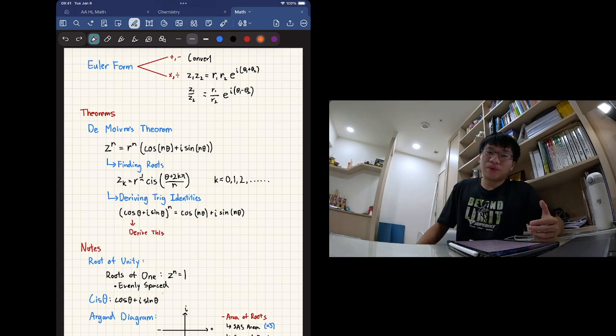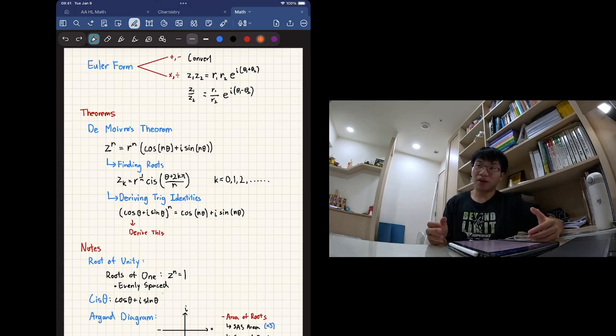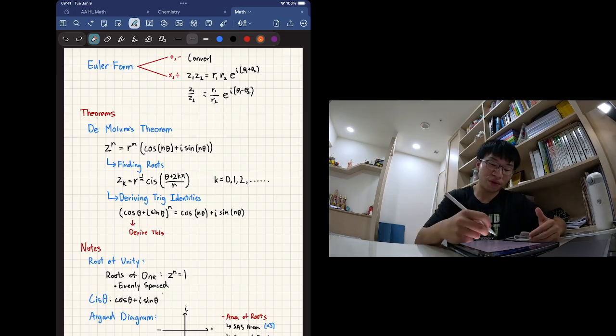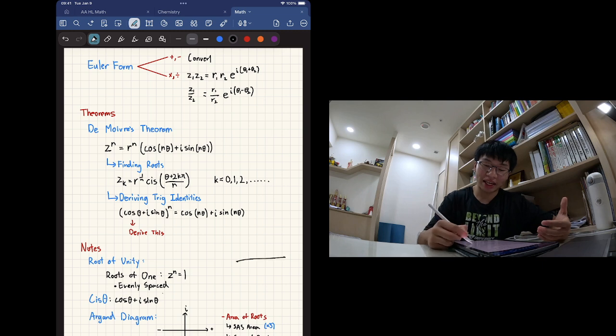So when you're trying to find roots of a complex number, you're saying, I want this root, which is like a fraction of the exponent. So this is a rule for it. And how I like to think about this is, again, I want to plot on an Argand diagram and say, okay, so for this complex number, I want to find the roots.